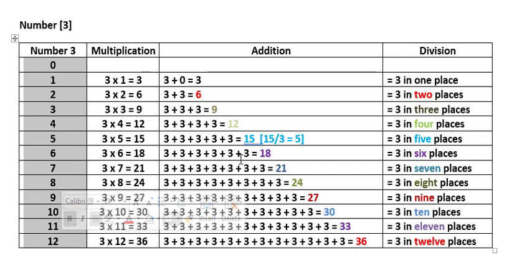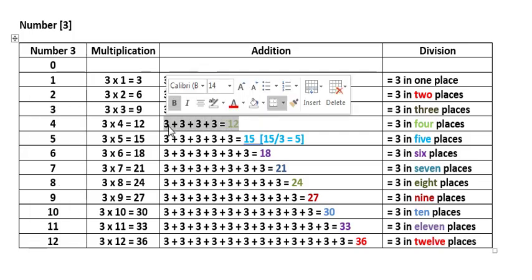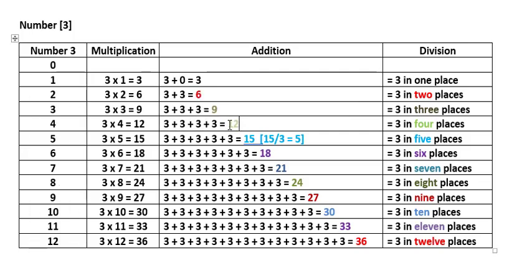By the time we make that repetition, it continues to help us to see that we can also do subtraction. Look at 3 in 4 places, for example. If we have 12 and take 3 away from it, it's going to give us 9. If we add 3 to 9, it will give us 12.